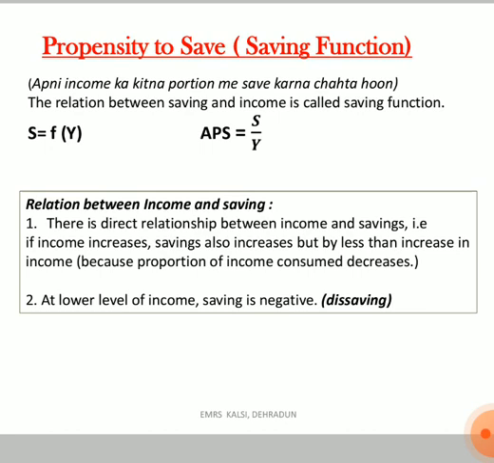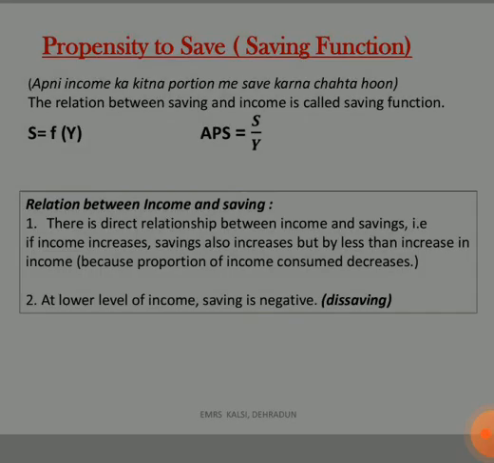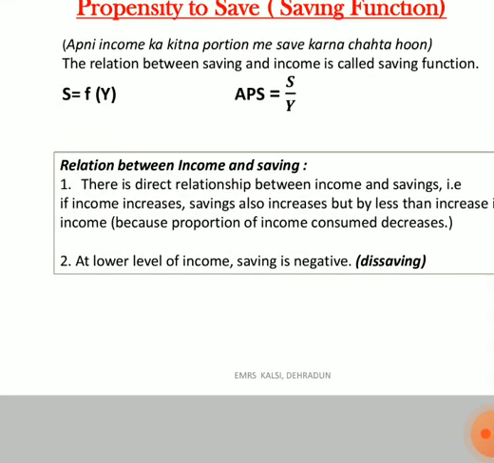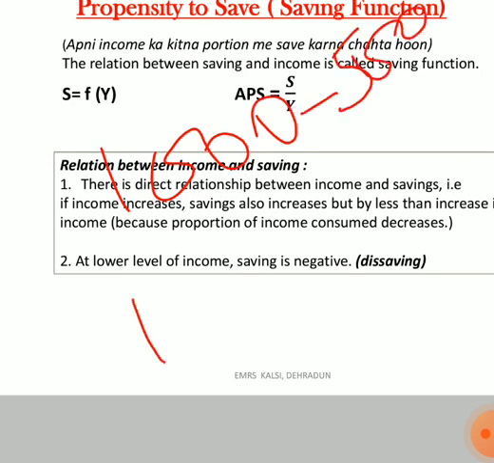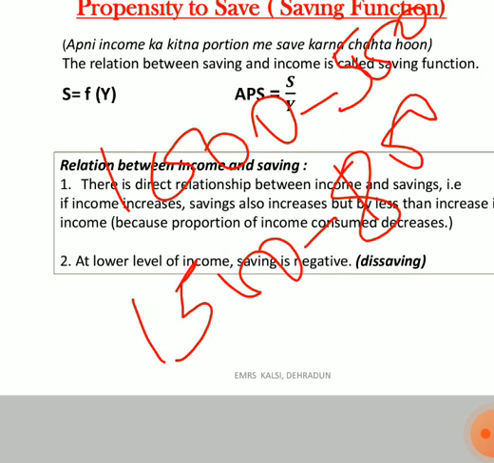For example, earlier your income was rupees 1000 and you saved rupees 500. Now your income is rupees 1500, so you will save rupees 800.